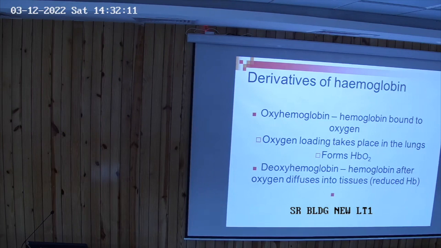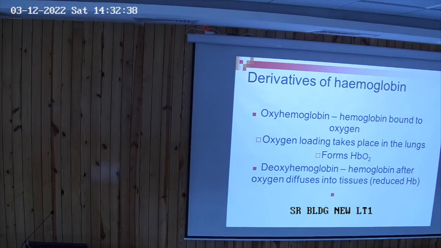Now when we are talking of combining with oxygen, as we know, it has 2 alpha, 2 beta chains. Each chain has a heme, with iron present as ferrous. Now ferrous has a special binding affinity for oxygen. It has neither too little nor too high affinity for oxygen, because if it has too little, it will result in a pathological condition.